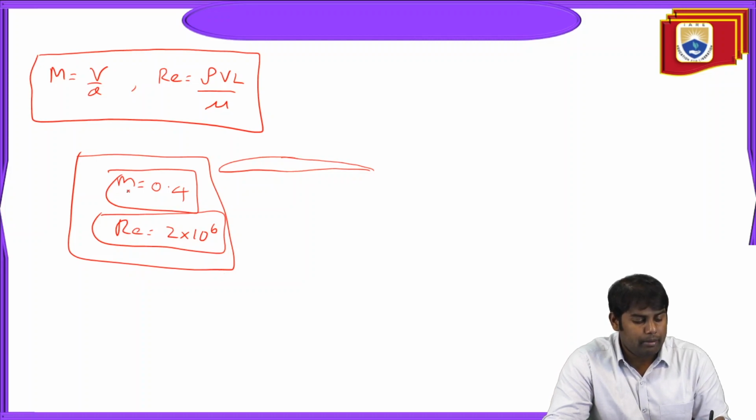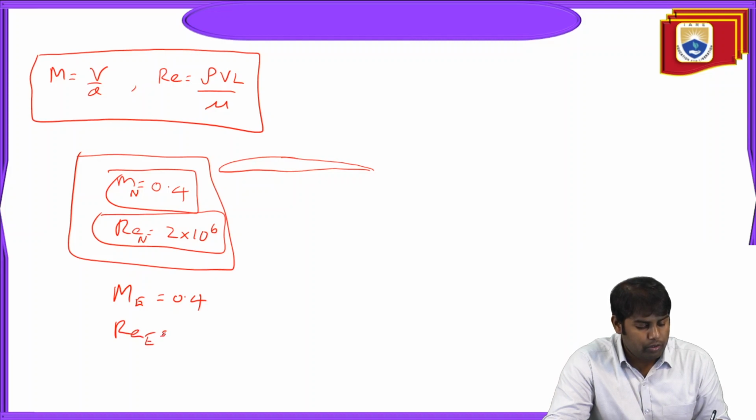If you use numerical Mach number 0.4 and Reynolds number 2 into 10 power 6, the same Mach number M experimental should be 0.4, and the same Reynolds number Re experimental should be 2 into 10 power 6.